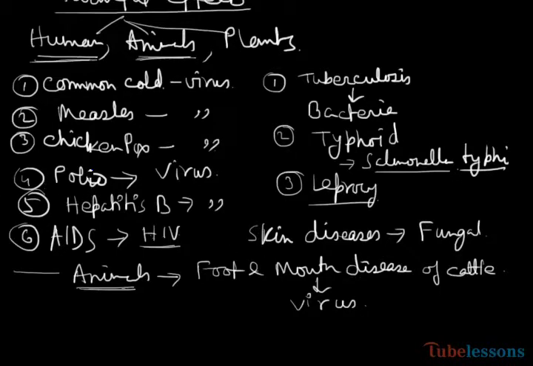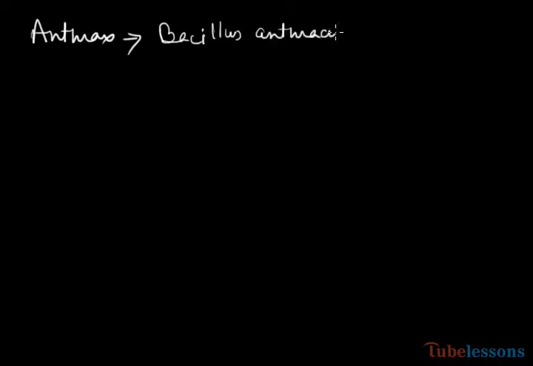This is foot and mouth disease of cattle. Next, a very common animal disease is anthrax. Anthrax disease is also found in cattle. Bacillus anthracis is the name of the bacteria that causes the anthrax disease of cattle.